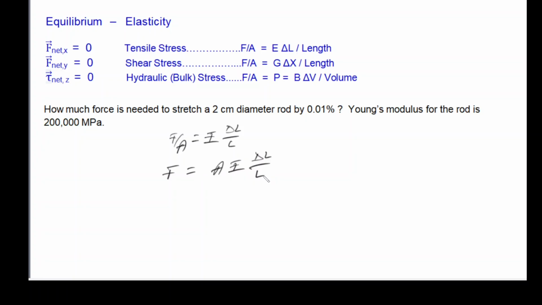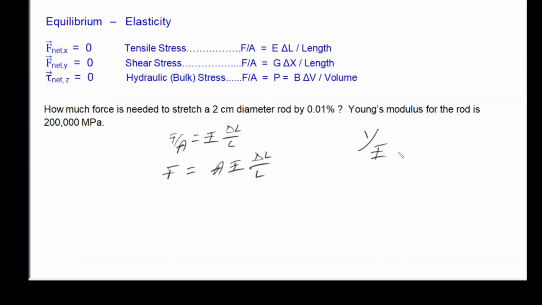And I like to point out that Young's modulus is very often given the letter Y, but is also very often used as the letter E. So either one would apply.